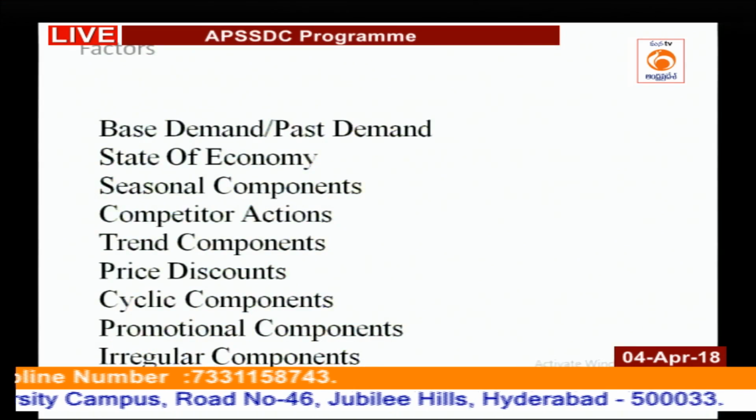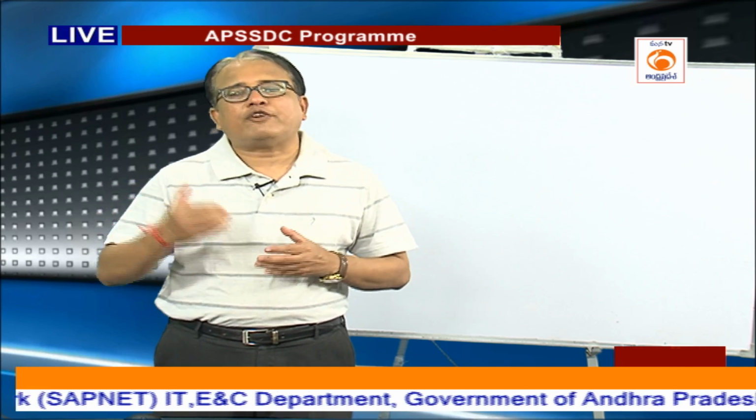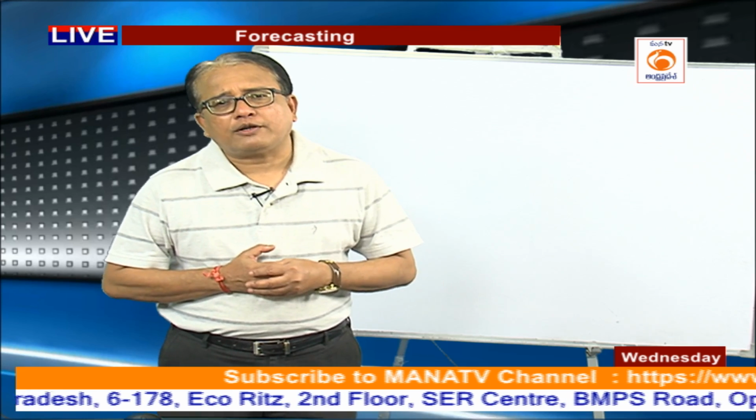Trend components. Now, what is trend? Trend is a particular pattern, whether the demand for a particular product is going up or down, whether the trend is positive or negative, will also influence the forecasting of my particular product.